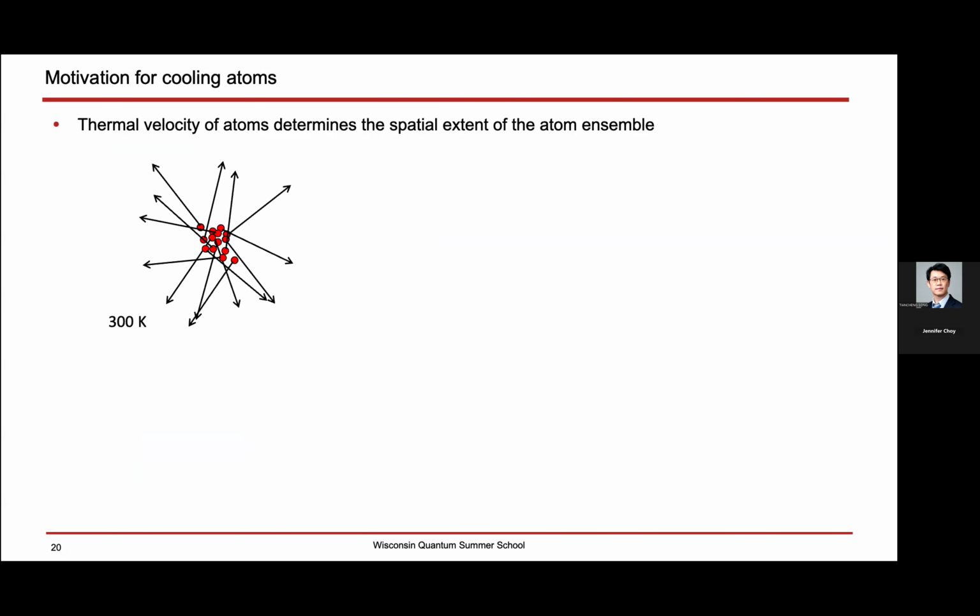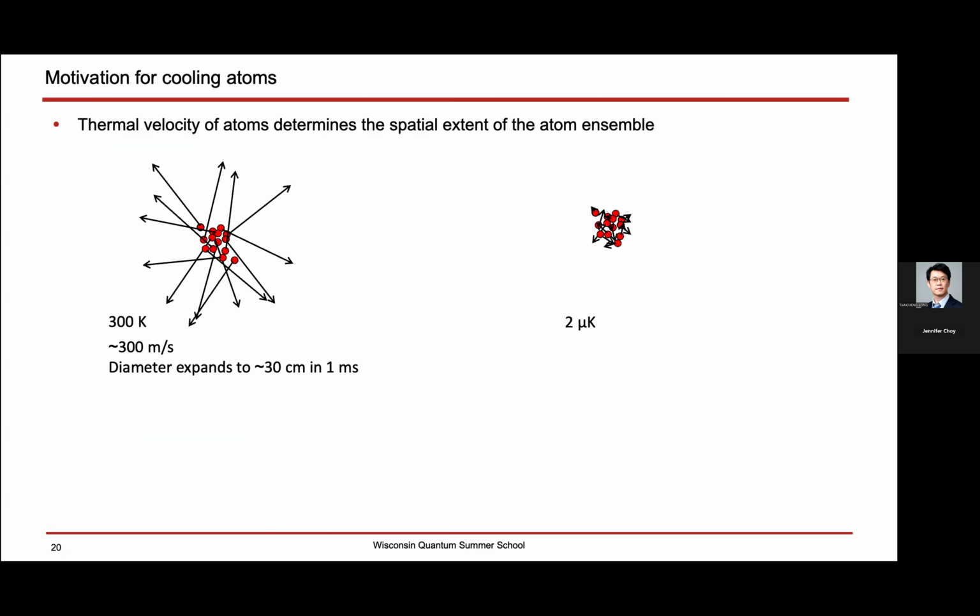And so if you have atoms at room temperature, you can think, okay, starting from time zero, if I just let it go for some time, where are my atoms going to end up? Basically, the atoms are going to be moving at about 300 meters per second, which means that within a millisecond, you would have lost all your atoms to maybe 30 centimeters away. You don't typically have vacuum chambers that are that big.